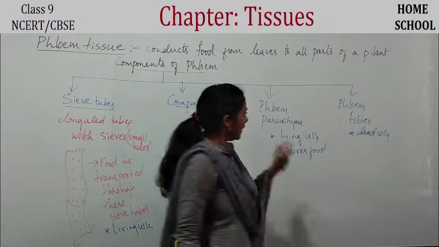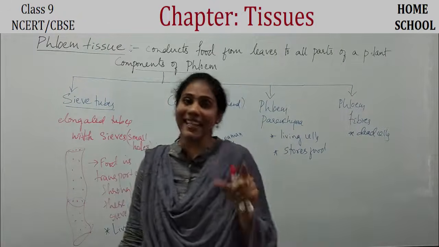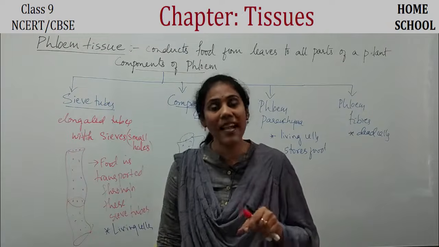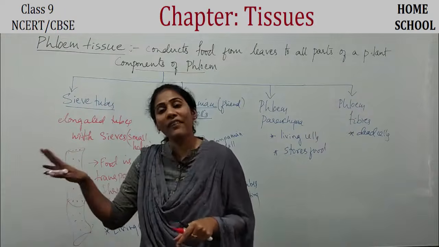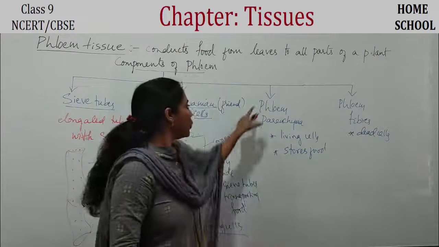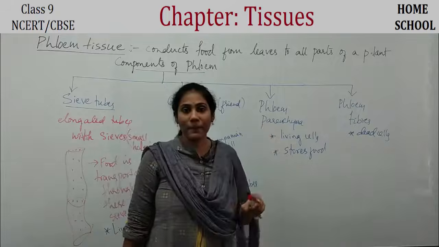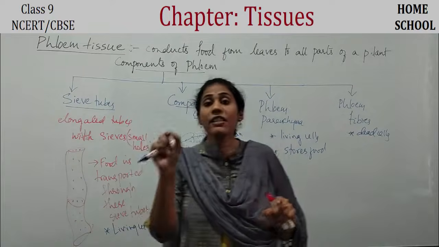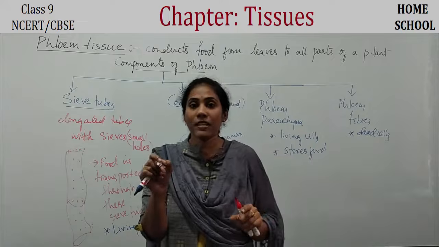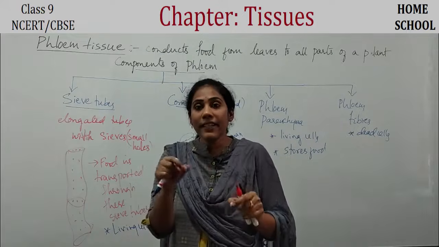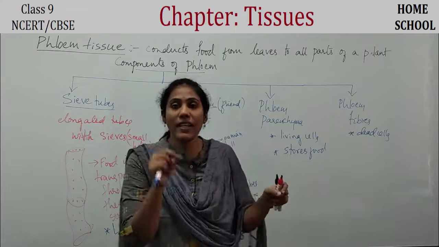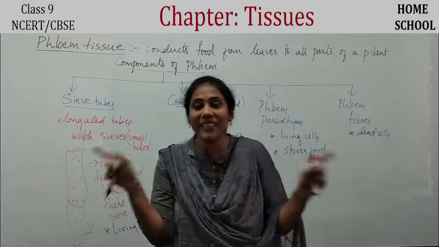Okay, so only phloem fibers are dead cells, but in case of xylem, all are dead cells except xylem parenchyma. Xylem parenchyma was the only living cell. Yes or no? The remaining tracheids, vessels, as well as fibers, were all dead cells.